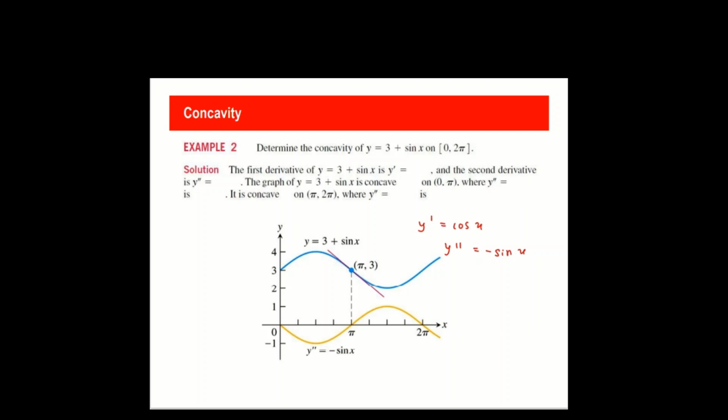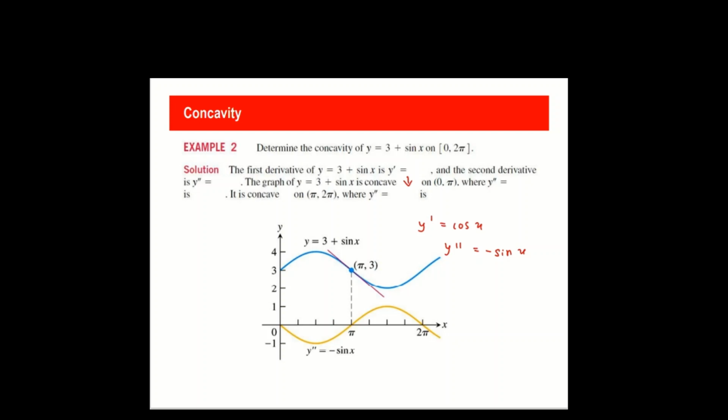So we know from this fact of negative sine x that the graph of y equal to 3 plus sine x is concave down. I'm going to use a symbol only because of the limitation of space here.